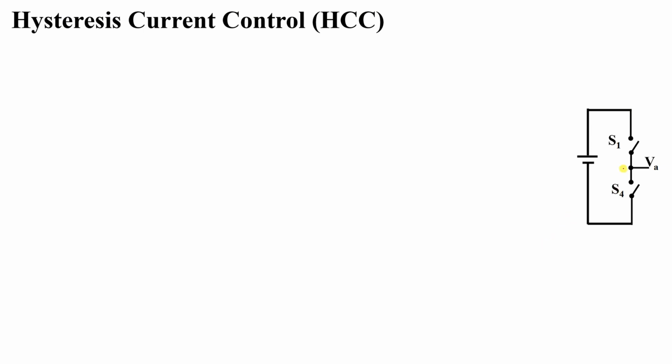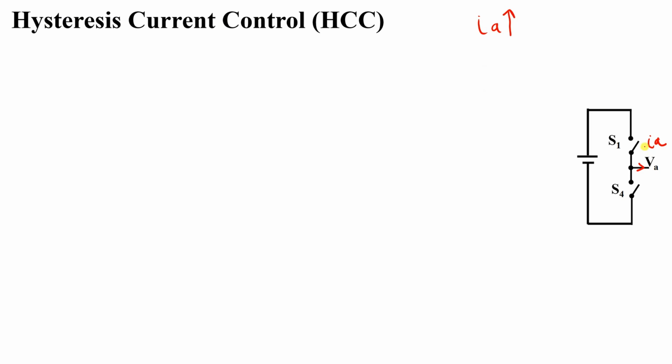We know that in a three-phase converter, we have two switches per leg, the upper switch and the lower switch, S1 and S4. And we have a voltage here, VA and IA, right? By logic, and I would like you to think about it: if I would like to increase IA, what should I do?